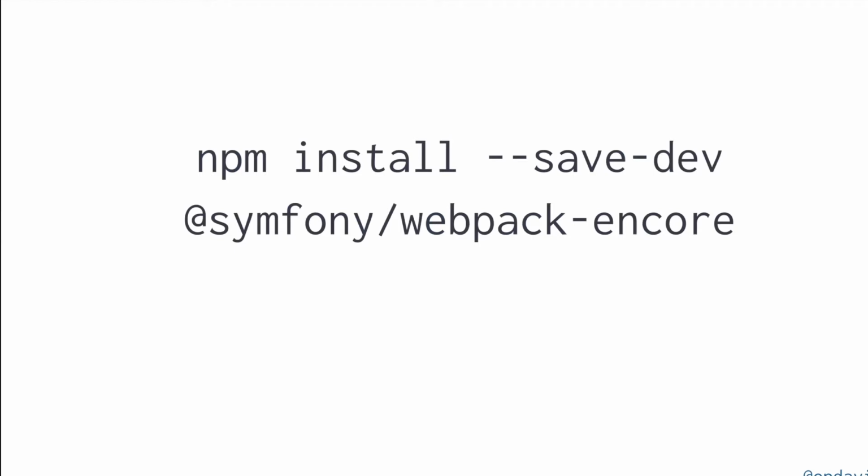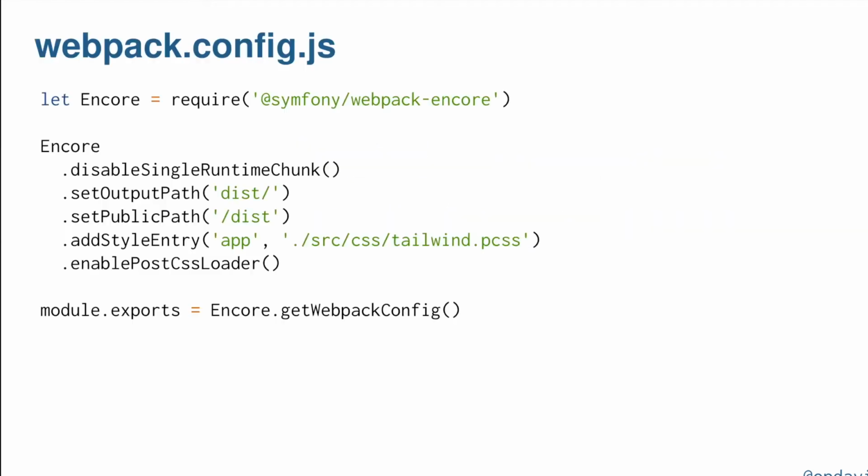So you can add that as a dependency as well. Just npm install @symfony/webpack-encore. That'll add it to our package.json file as well. And then we need to configure it. So this is our webpack.config.js file. And let's see here, we're setting our output path and our public path to be /dist or dist/. Then our style entry is going to be our source file.